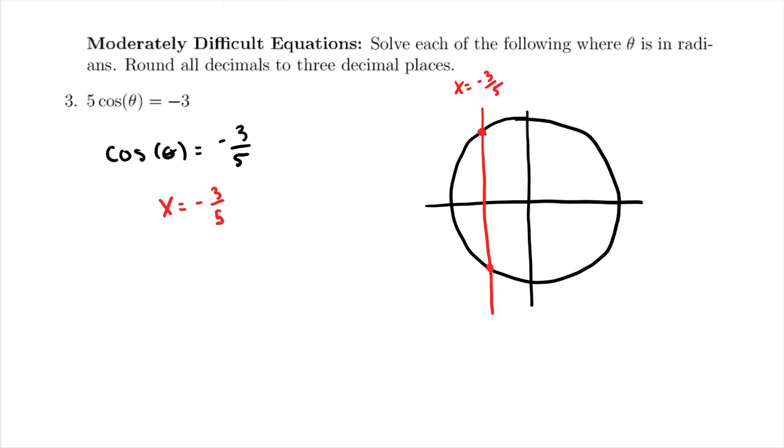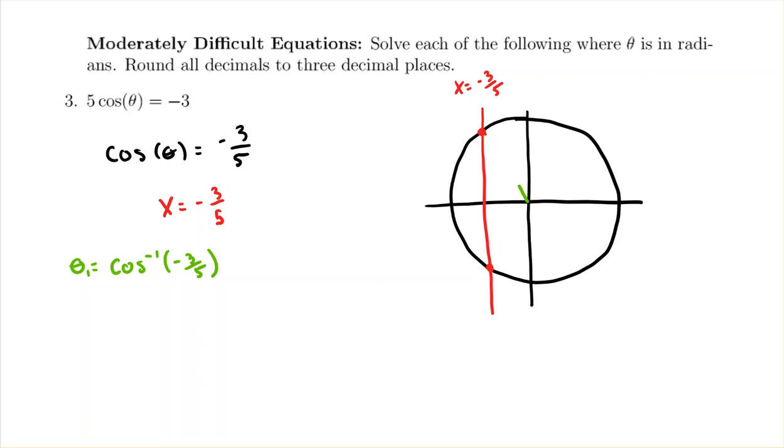This is where some inverse trig is going to come in handy. Now, you should remember that if I want to find the angle that gives me a value of negative 3/5 for cosine, if I use my inverse trig and say what is cosine inverse of negative 3/5, this is going to give me back an angle between 0 and pi, because that's where the principal domain is when you construct your inverse trig function.